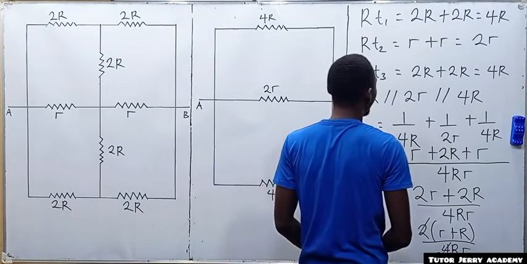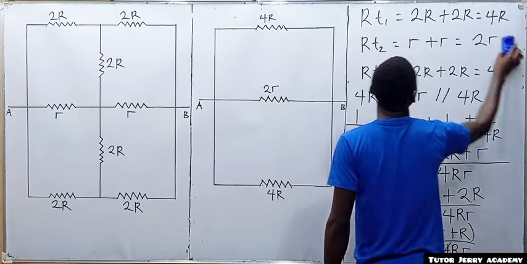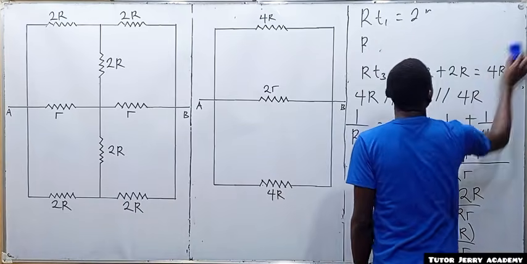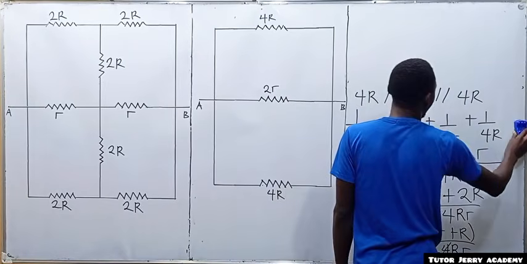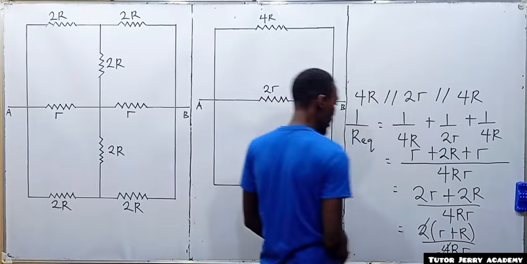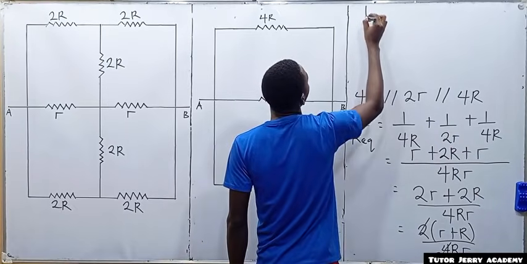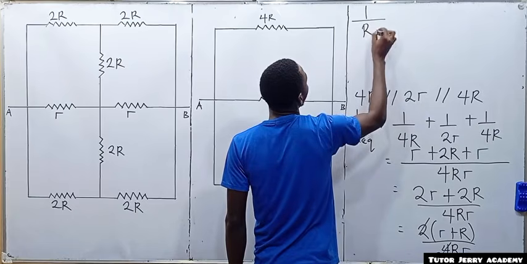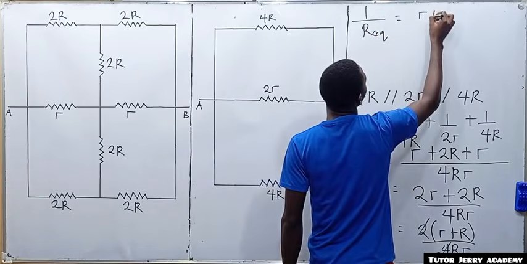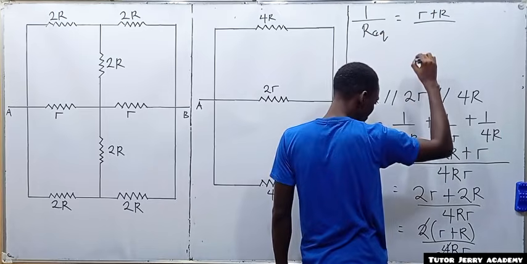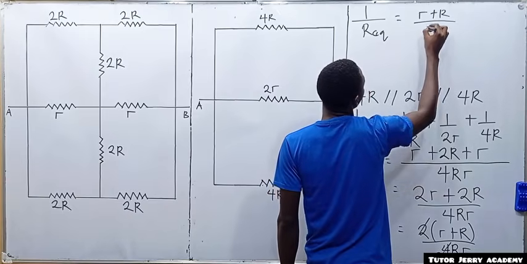All right. So now we are going to have 1 over R equivalent equal to R plus R all over 2R.